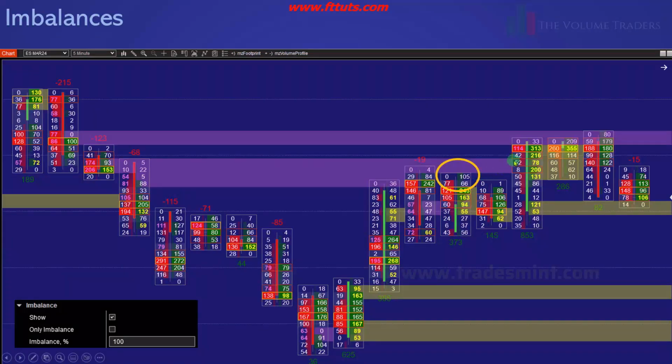Maybe the reason is also the law I mentioned in the supply and demand lesson, that when we have 2 zones close to each other, there's a very high probability that the price will reach higher as well. Here we have zones, and the difference between them is just 2 ticks. Here's one cluster, here's the second. So 2 ticks difference. Maybe that was the reason. I don't know. I just don't focus on this.